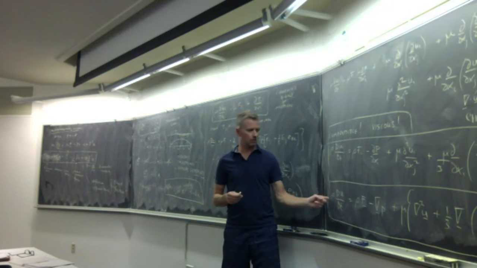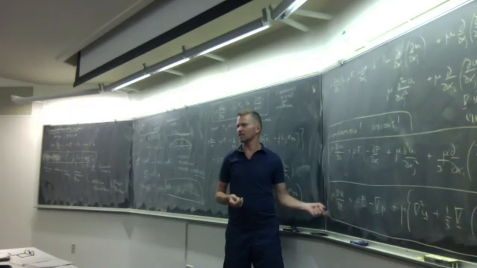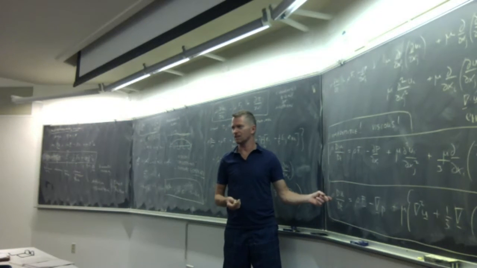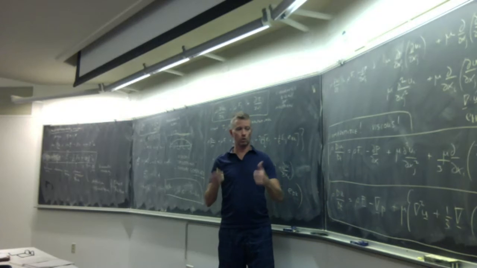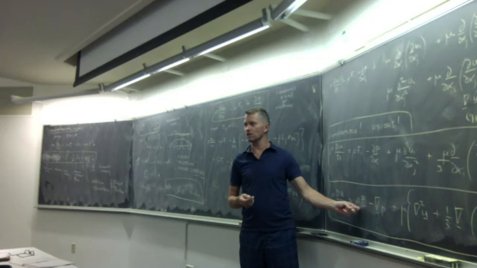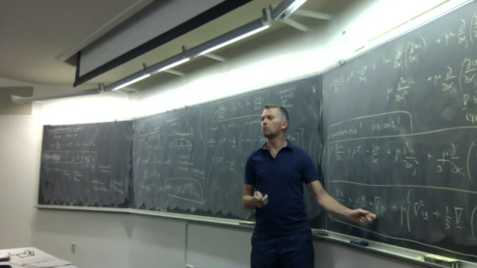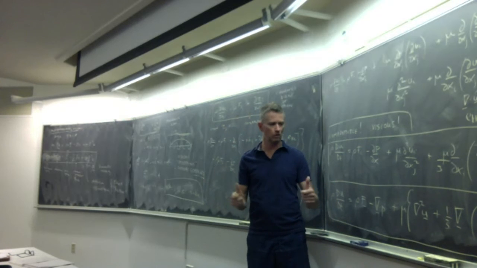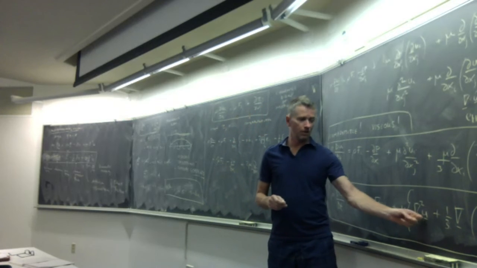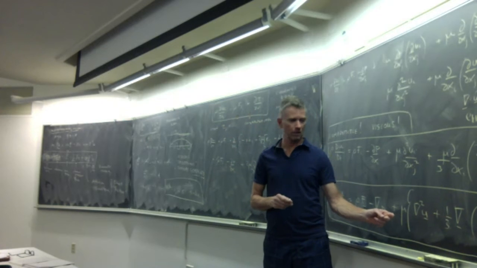So this has all the same bits as that one had. This is Lagrangian acceleration, with an Eulerian acceleration and advection bit in it. Cool. Still body forces. Still pressure gradients. Still diffusion.